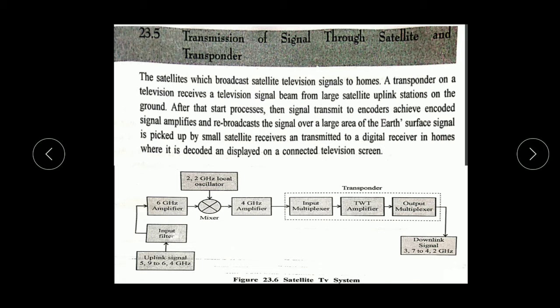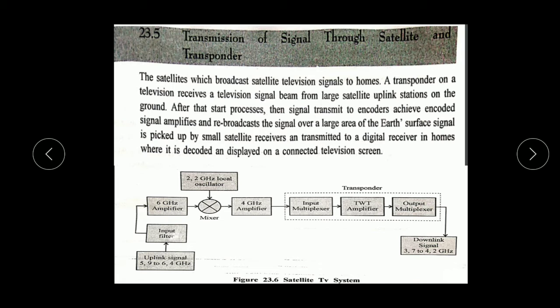Then the satellite uplink system receives the signal from the earth broadcast center and sends it to the input filter. The uplink frequency may be 5.9 or 6 or 4 gigahertz.